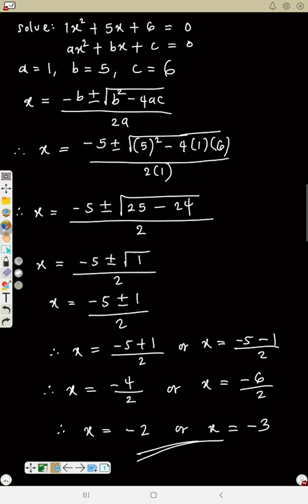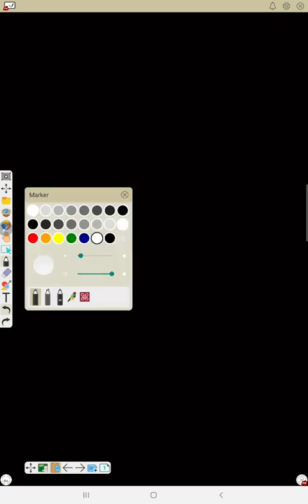Now let's see another question. Solve 2x squared minus 5x plus 3 equals to 0.